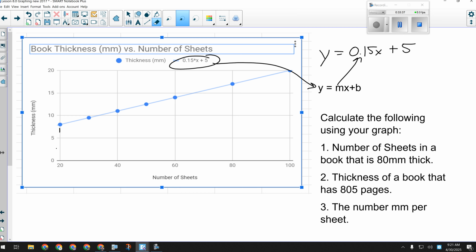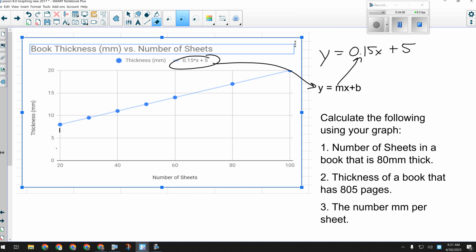Every graph that has a linear function like this has a slope, and that slope tells us something different. On this graph, it's the thickness of the sheet. On a position versus time graph, it's velocity. On a velocity versus time graph, it's acceleration. You can figure all of these things out simply by looking at the graph.